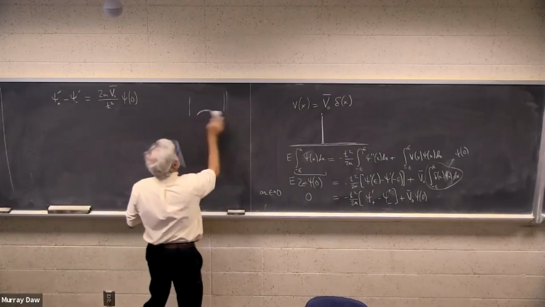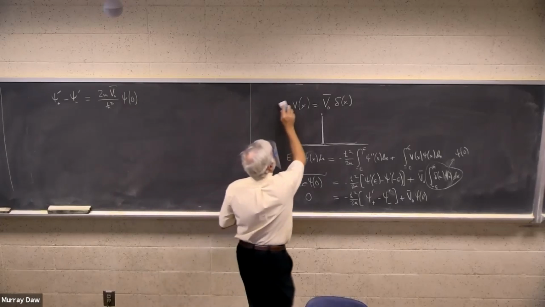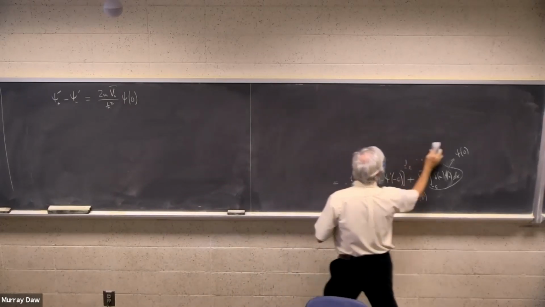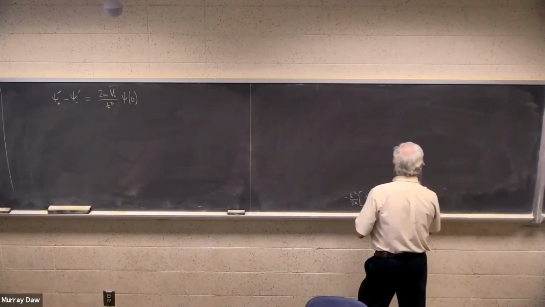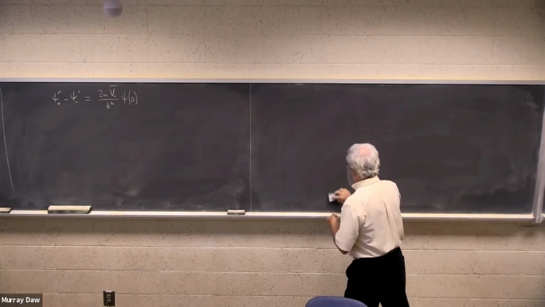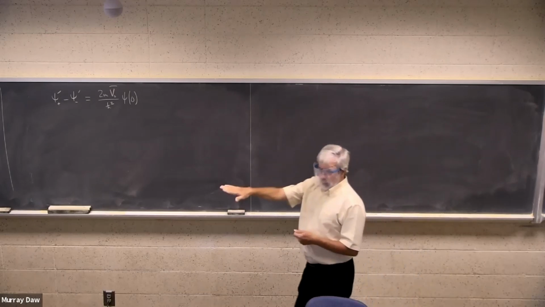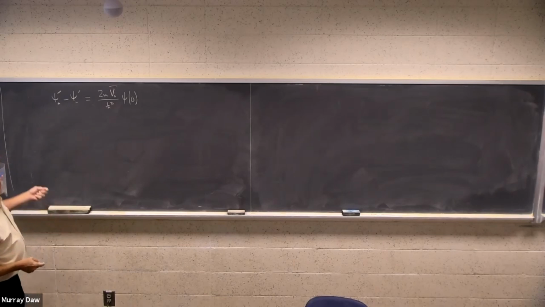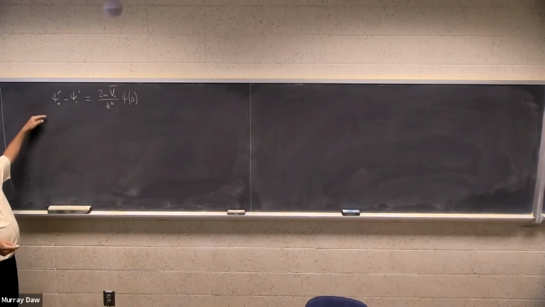Hold on to that. Now we're going back to the scattering problem. We're going to scatter off the delta function. Rather than doing the scattering off of the box barrier, I'm going to do scattering off of the delta function. It's actually easier than the box problem. We just had to get this first. But now the rest of it is going to be easy.